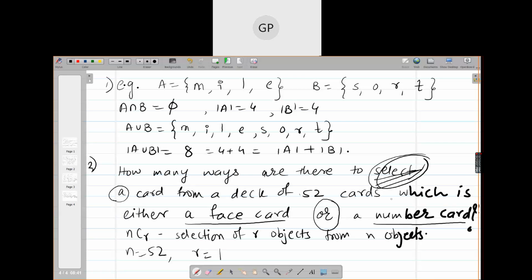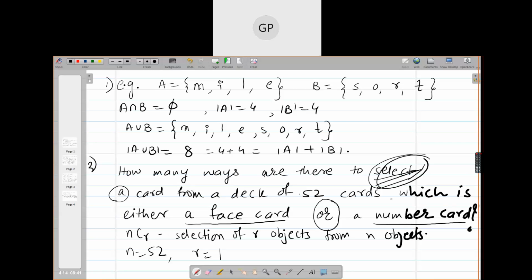Do you have any card which contains a number and a face also? No. That means there is nothing in common, right? A face card is never a number card. Number card is never a face card, right?